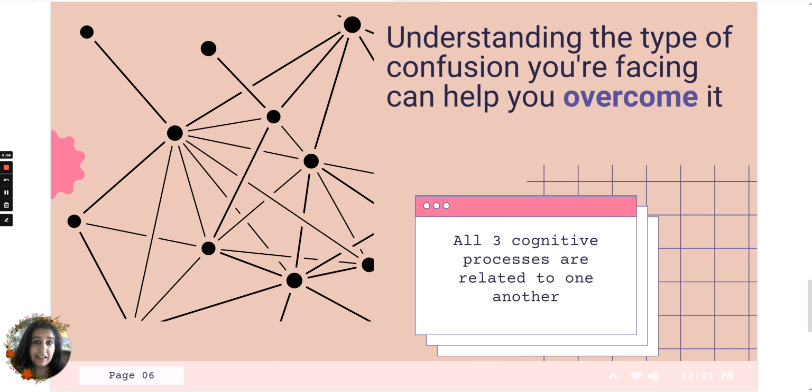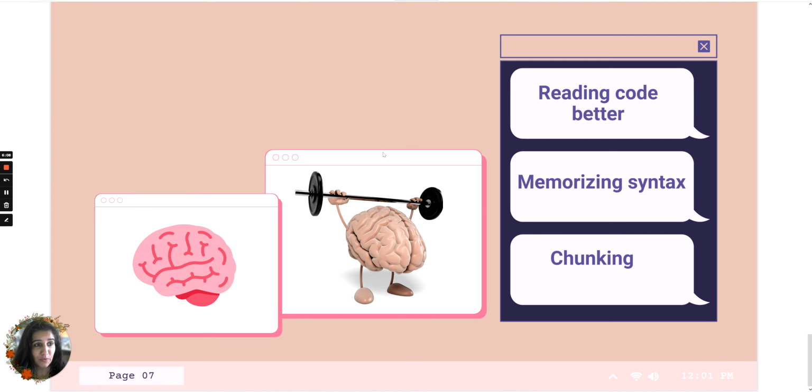Now, the third process is the working memory, where the active problem solving is going on. I'll get into this a bit more in depth, and the book does that as well. There's way more ways to deal with this, and some of them are reading code better, memorizing syntax, and chunking.